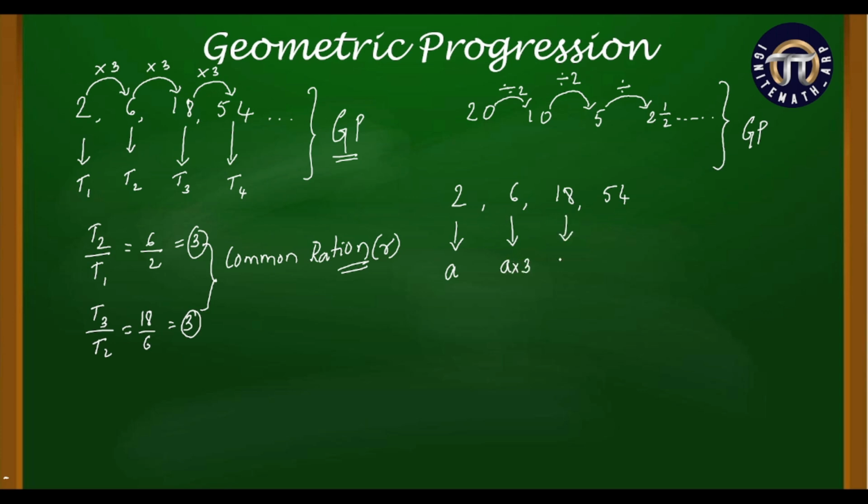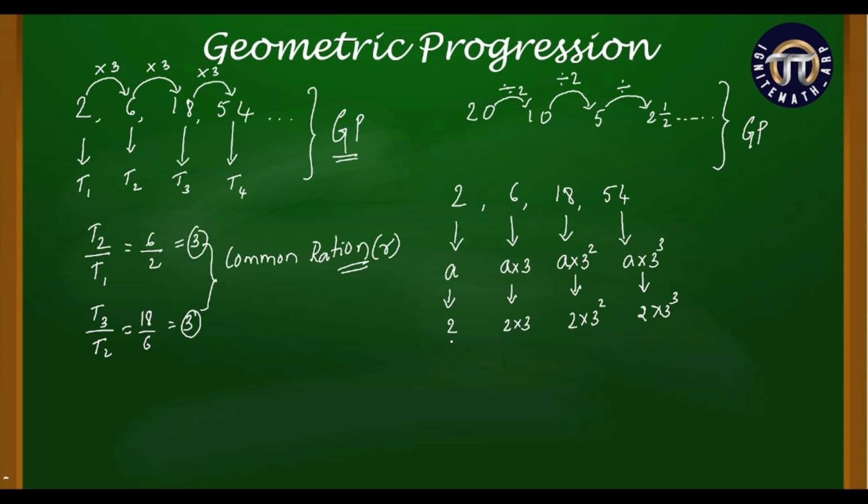When I multiply A with 3 square, I will get 18. When I multiply this A with 3 cube, I'll get 54. So I can rewrite this as 2, then 2 into 3, and over here 2 into 3 square, and this is 2 into 3 cube.